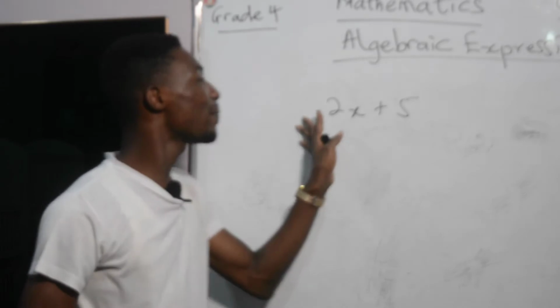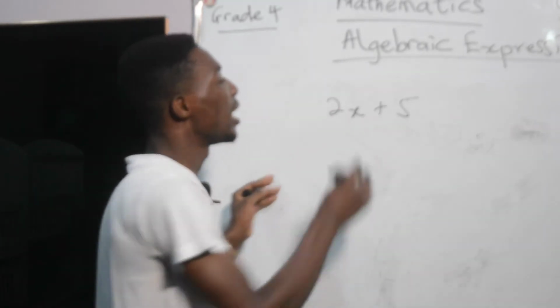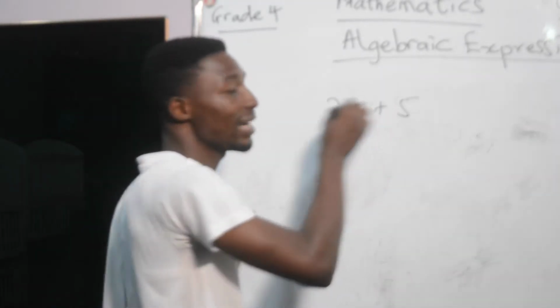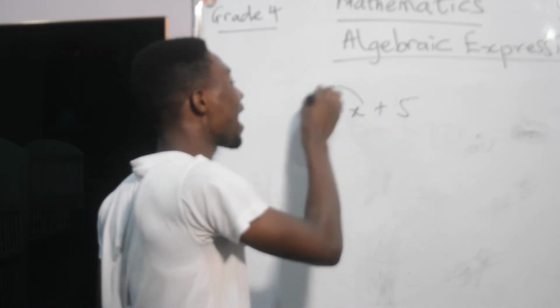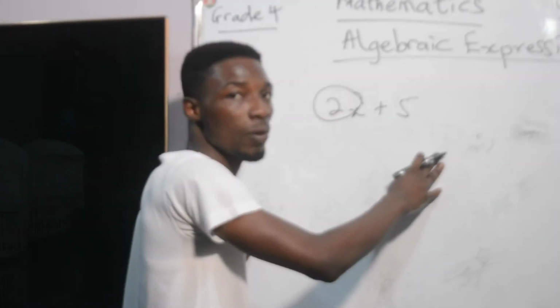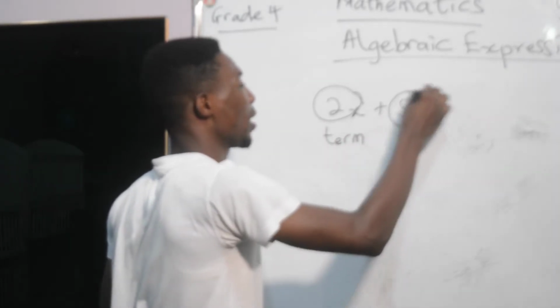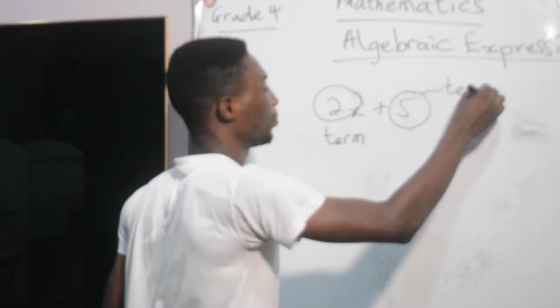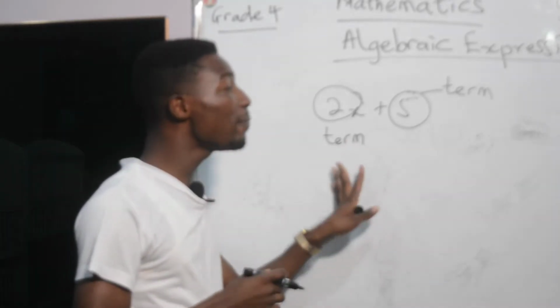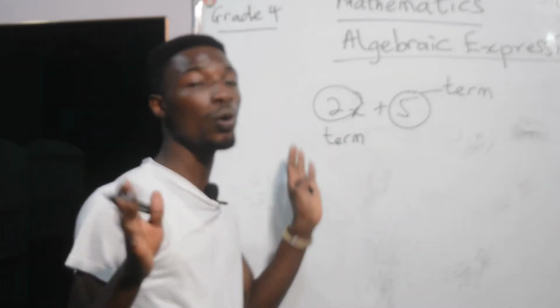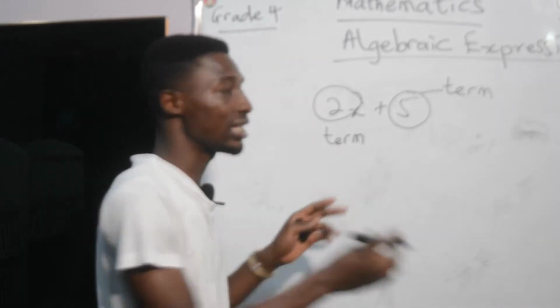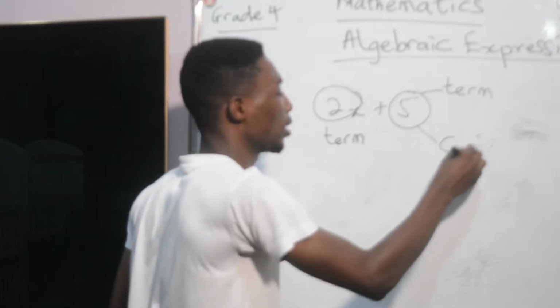Whenever you have a number or an expression like this, separated by plus or minus sign, then each item in the expression is called a term. So this one is one term, this one is one term. A term in an expression that has no letter attached to it is called a constant.